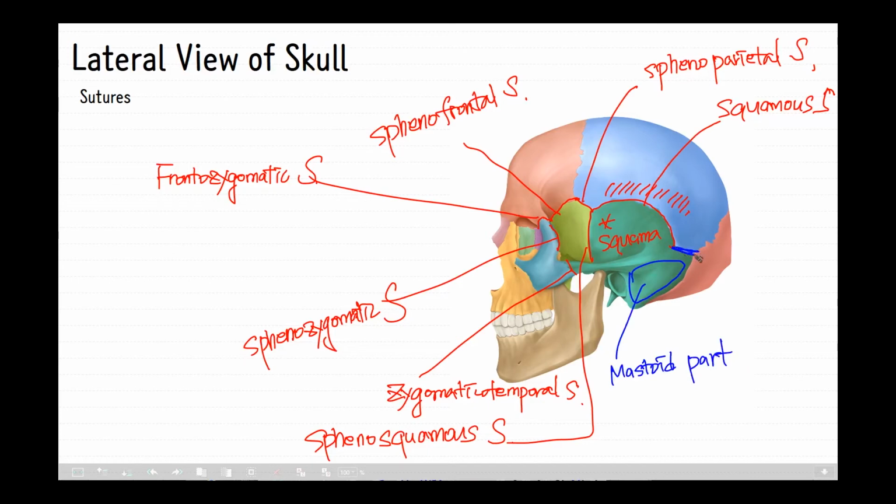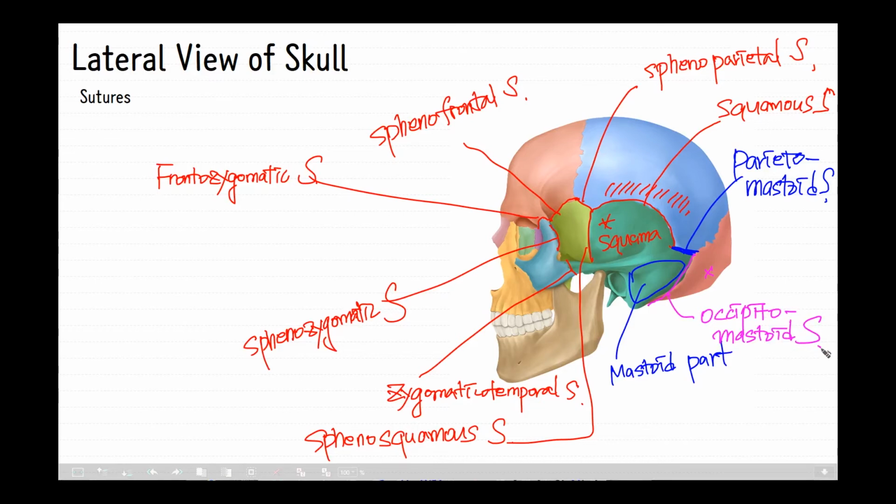So this suture is the parieto-mastoid suture, and the occipito-mastoid suture is here. This is the occipital bone, and this is the mastoid part. So this suture is the occipito-mastoid suture.